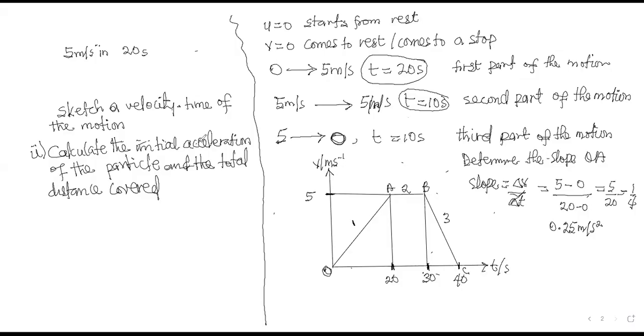Giovanni, your hand is up. Sir, for the time graph, if you are sketching it, mine, I made the vertical scale from 5 to 25.